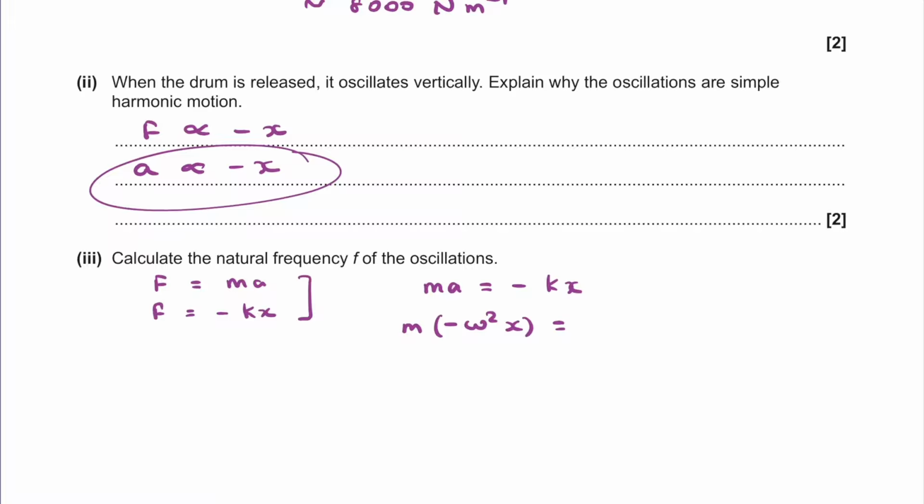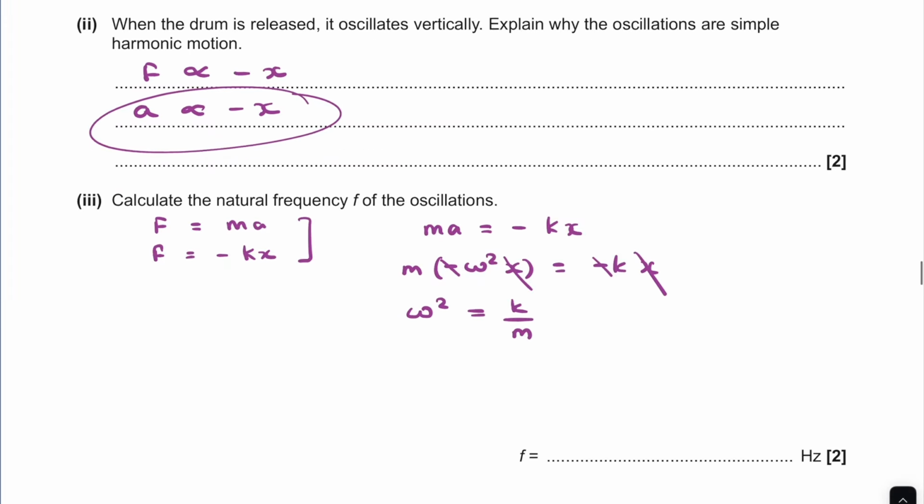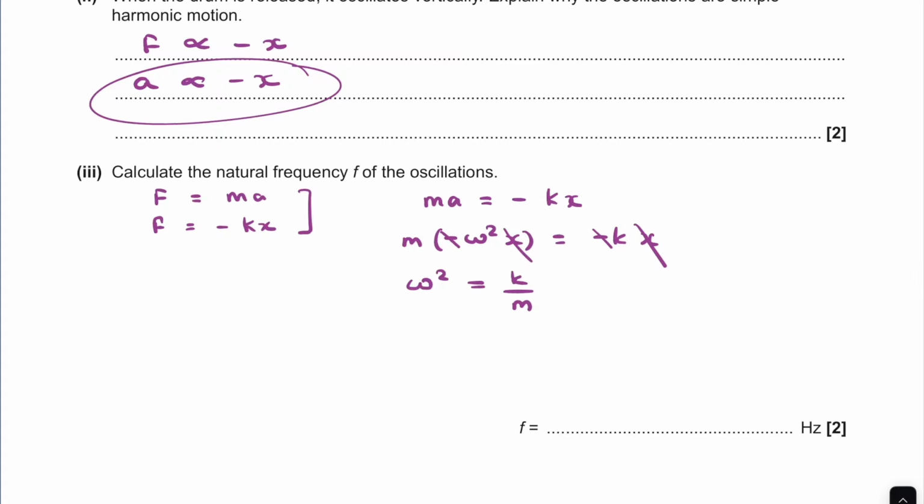So the negatives and the x cancel each other out, and we get omega squared as k over m, and further we know that omega is 2 pi f.